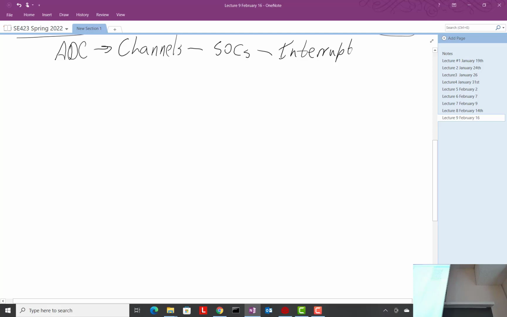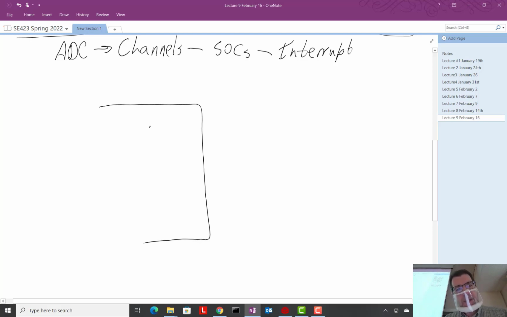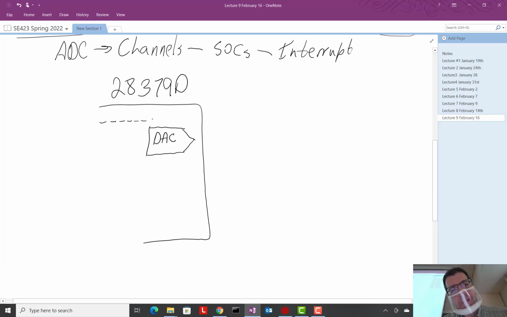If we think again about this DAC peripheral inside our 28379D processor, you kind of draw it like this. A lot of times they call this a DAC. It's a 12-bit number, 1, 2, 3, all the bits. That 12-bit number is what tells the DAC what voltage to output.